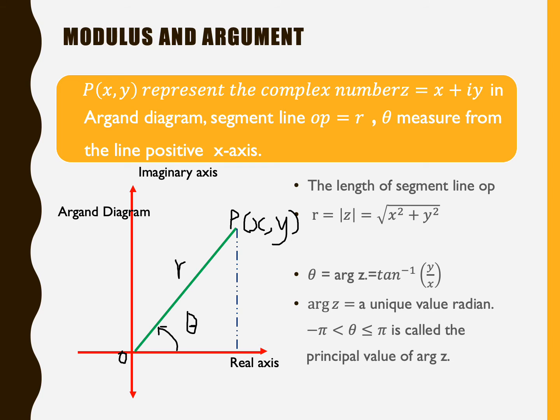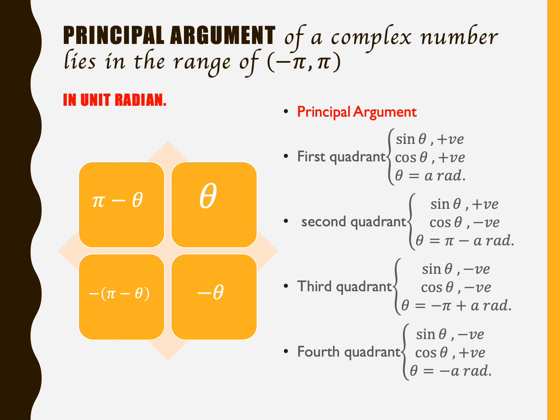The argument z is in units of radians, in the range between negative pi and pi, and we call it the principal value of argument z. The principal argument of a complex number lies in the range of negative pi to pi in radians.